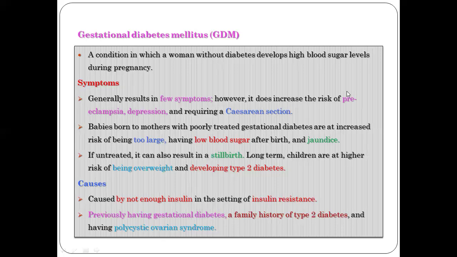So what are the causes for that? It is caused by not enough insulin in the setting of insulin resistance. As I already told you in the previous class, we already discussed insulin resistance in much detail.